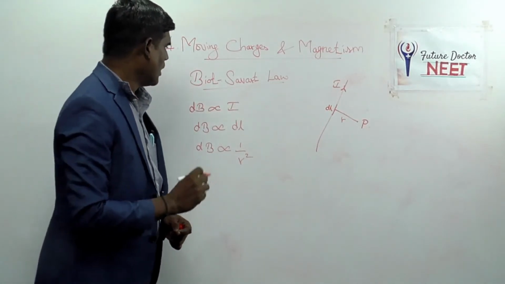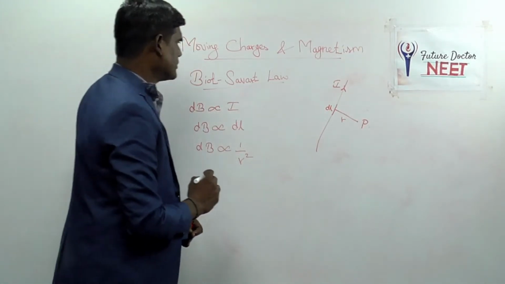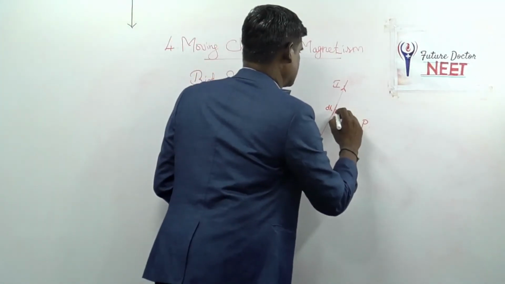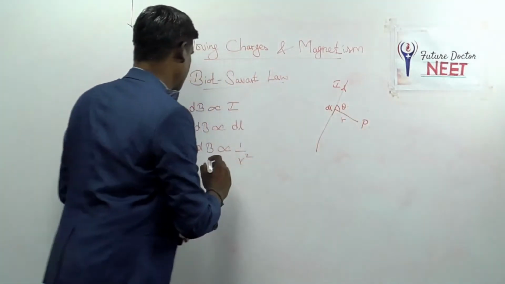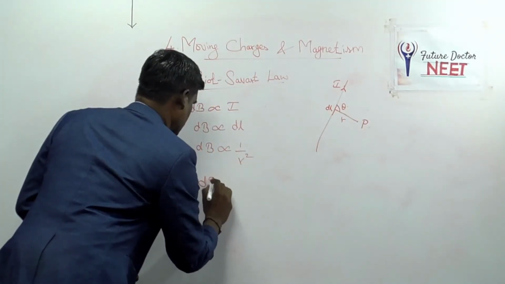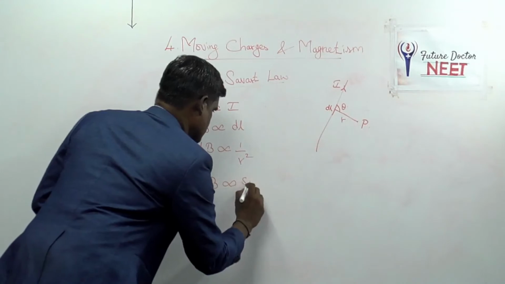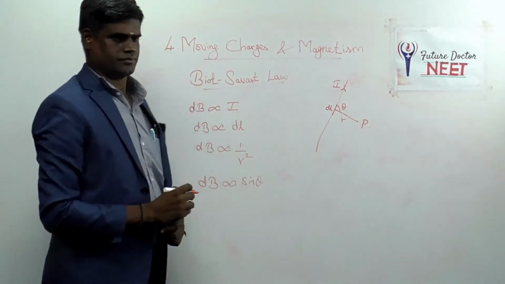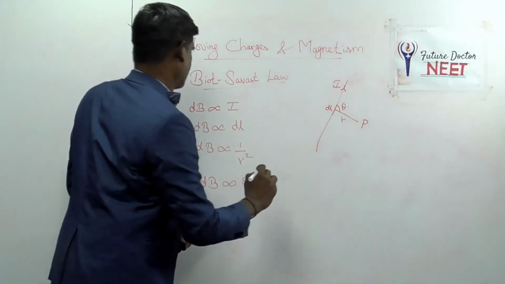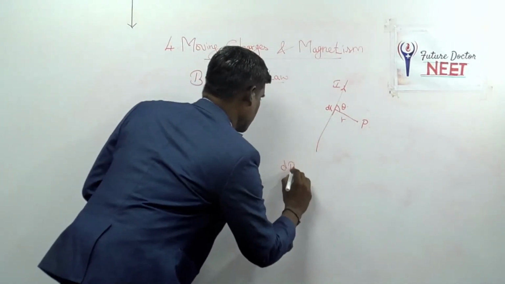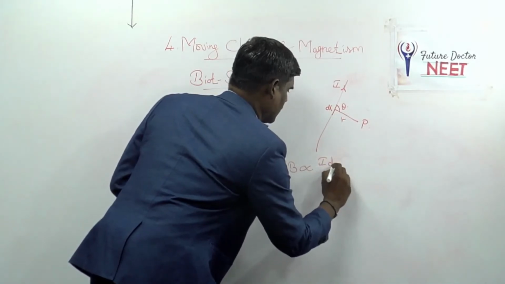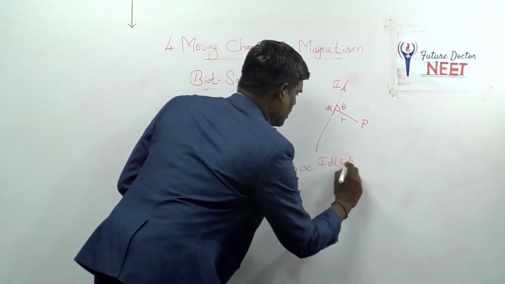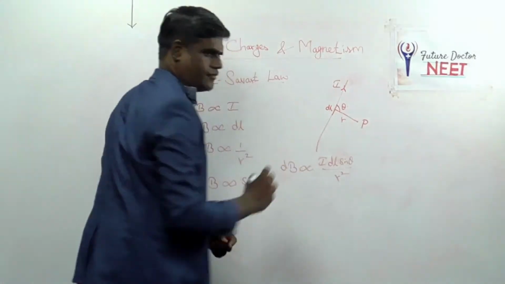And one more thing is there, that is theta: dB is proportional to sin theta. Combining all this, dB is proportional to I dl sin theta by r square.